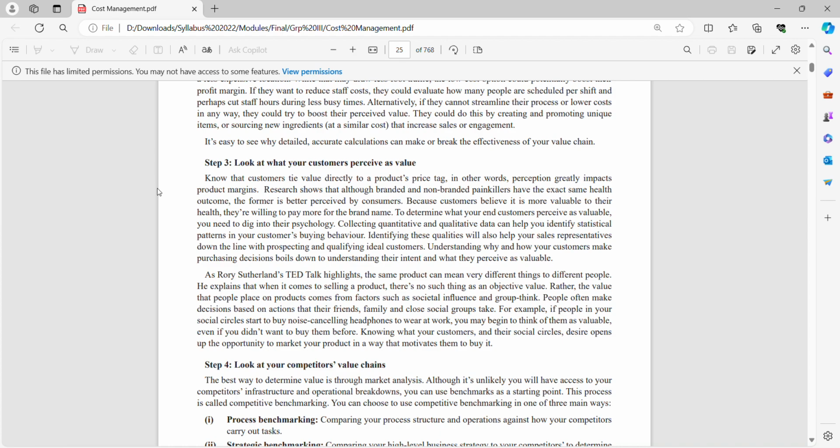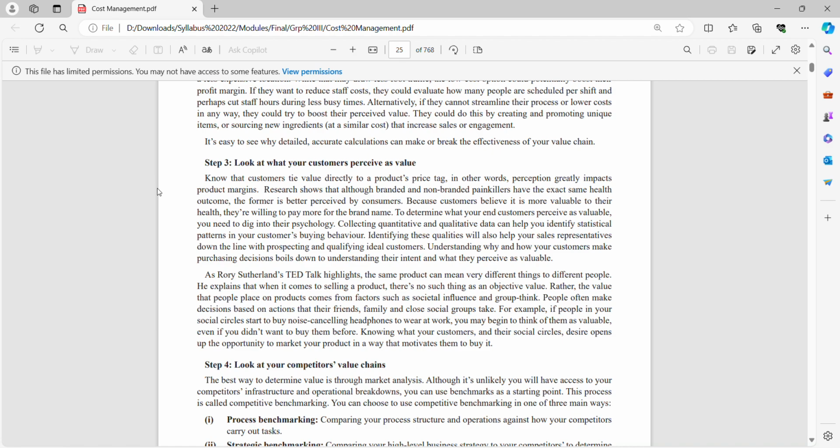As Rory Sutherland's TED Talk highlights, the same product can mean very different things to different people. He explains that when it comes to selling a product, there's no such thing as an objective value. Rather, the value that people place on products comes from factors such as societal influence and groupthink.